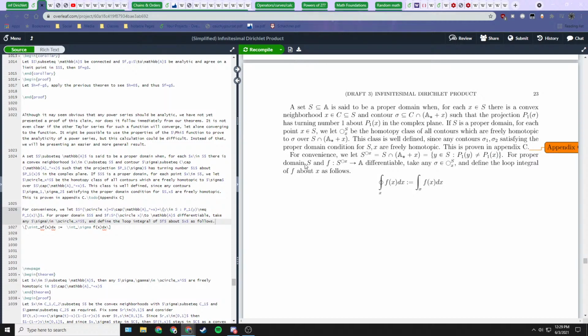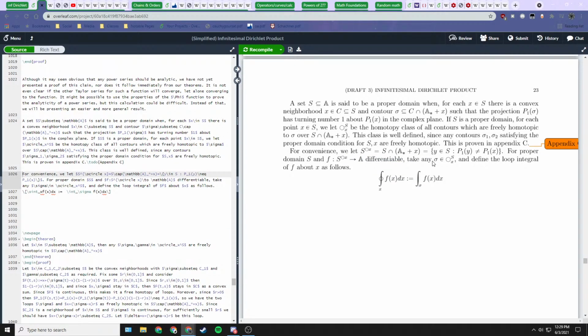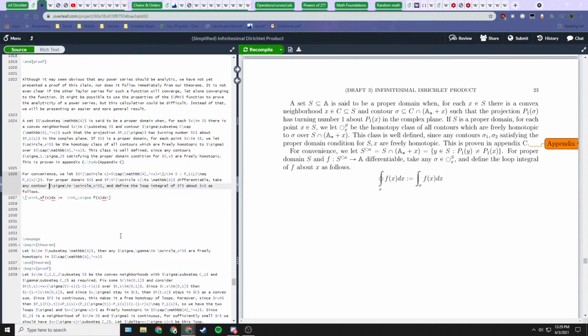So for a proper domain S and f mapping this punctured neighborhood to A as a differentiable function, we'll take any contour sigma in this homotopy class and define the loop integral of f about x as follows. So this is our definition.